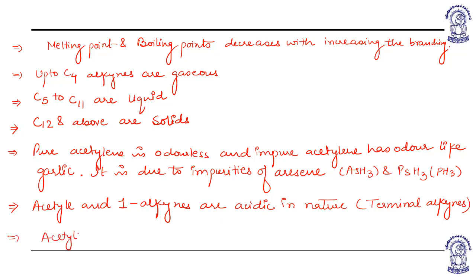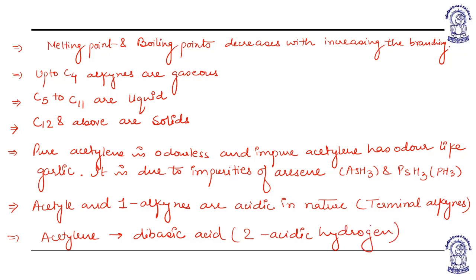Acetylene is considered a dibasic acid as it has two acidic hydrogens. But for neutralizing acetylene or terminal alkynes, the base should be very strong.